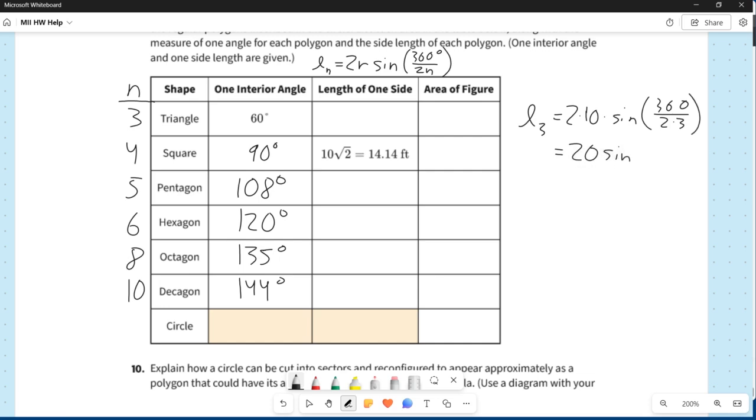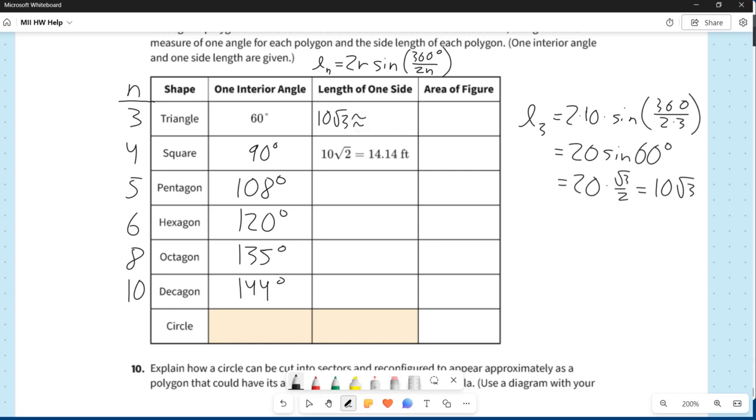And then we want the sine of 2 times 3 is 6, and 360 divided by 6 is 60. If we know some of our trig functions, sine of 60 is root 3 over 2. So this is just 20 times root 3 over 2, which is 10 root 3.